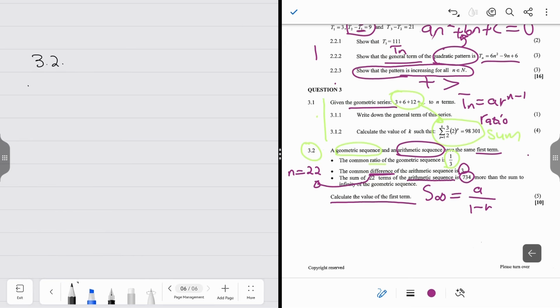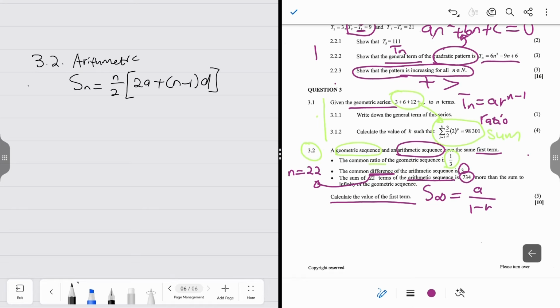Right, first let's deal with arithmetic. So we are first dealing with the arithmetic sequence. With the arithmetic sequence, what we are going to do is to start with its sum. So Sn equals n divided by 2 multiplied by 2a plus (n minus 1) times d.